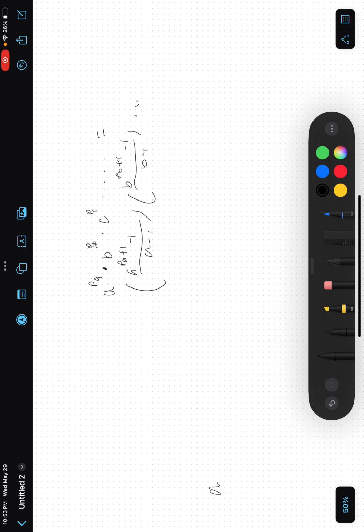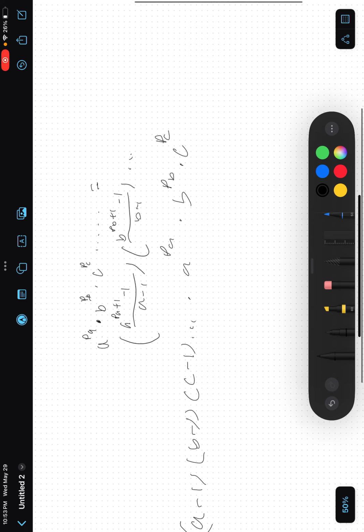So (A minus 1) times (B minus 1) times (C minus 1) dot dot dot times A^PA times B^PB times C^PC, right?